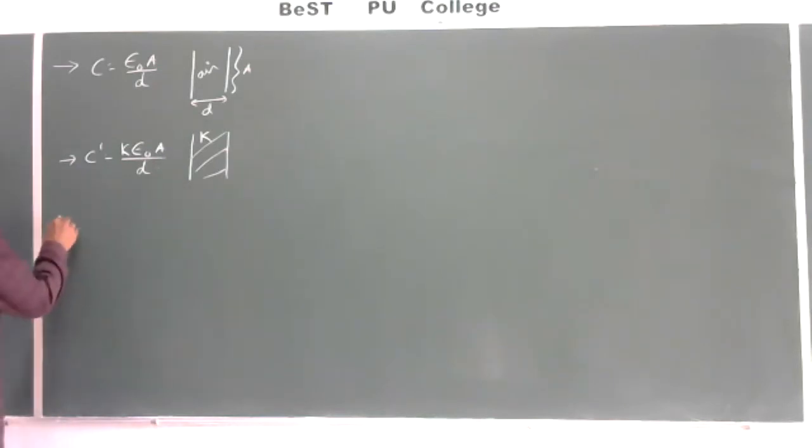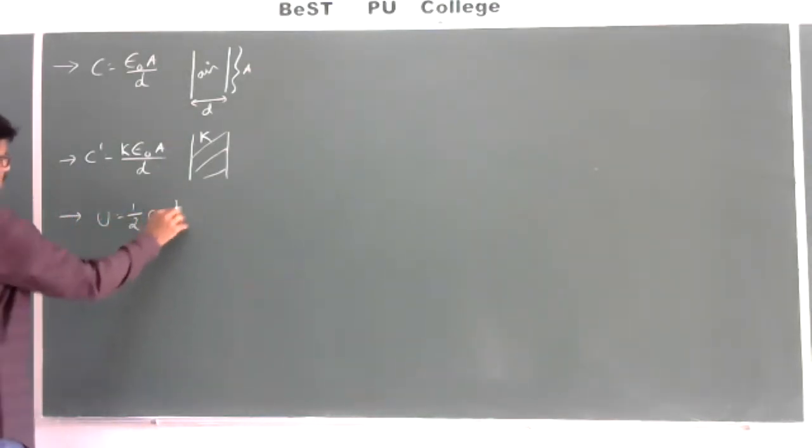And one more is energy stored in a capacitor. U is equal to half CV square is the general formula. And the main points are combinations, series combination and parallel combination.